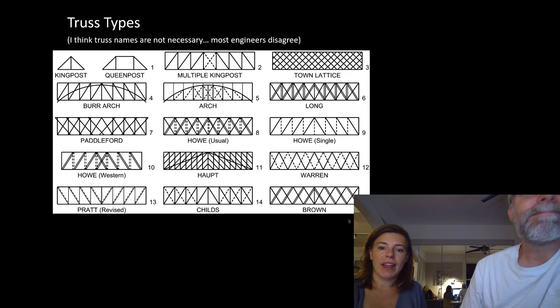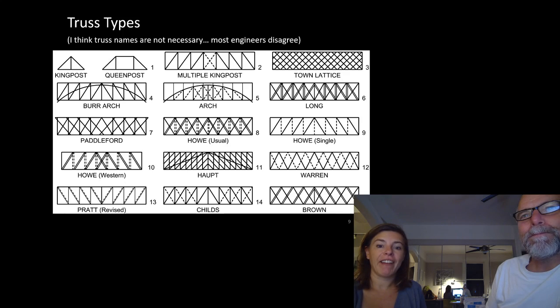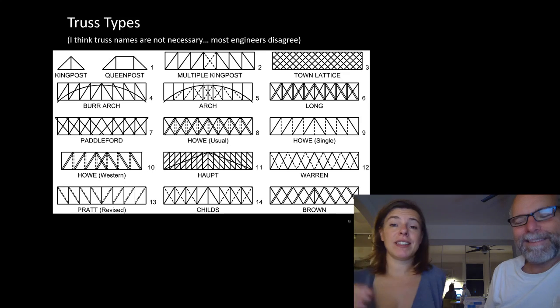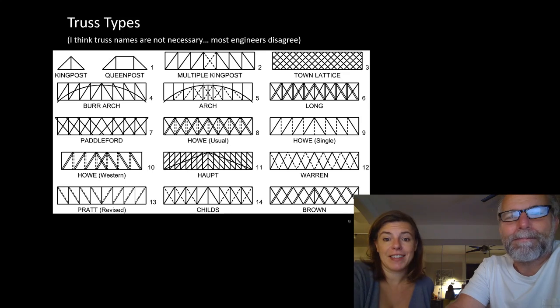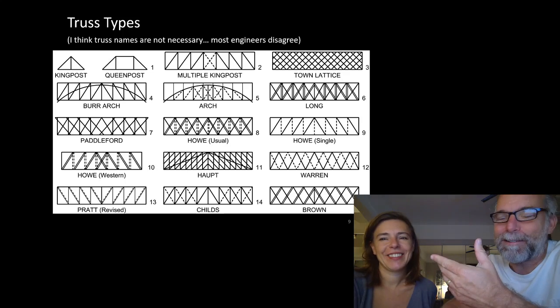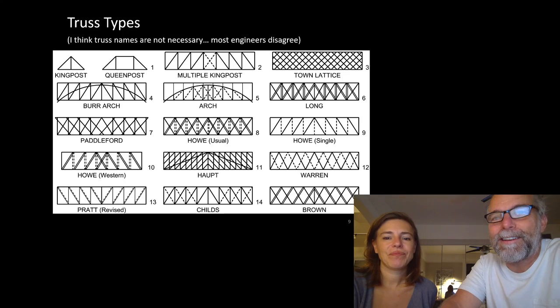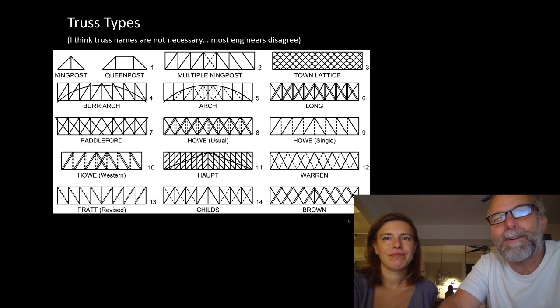If you can do the math and you know what your criteria for your site are, these things start to shake out. It's nice to have precedent, but people get really worked up about having their last name on a truss. I really like truss names. I find it's a nice shorthand. If you know the names of trusses, you say the name and you don't have to draw the web.